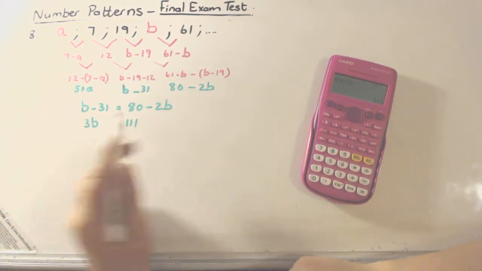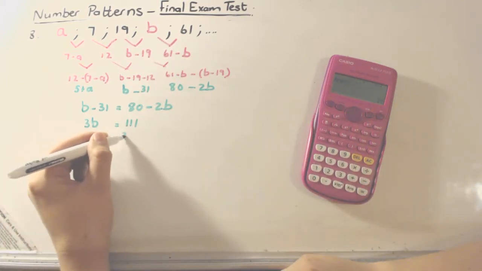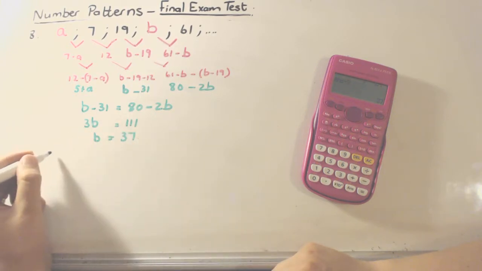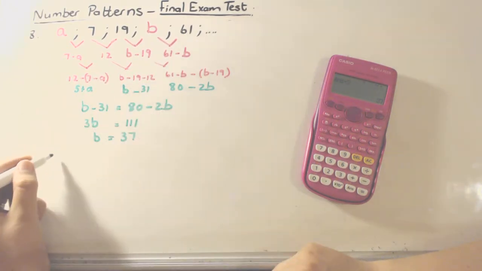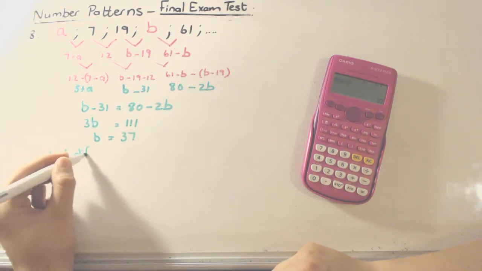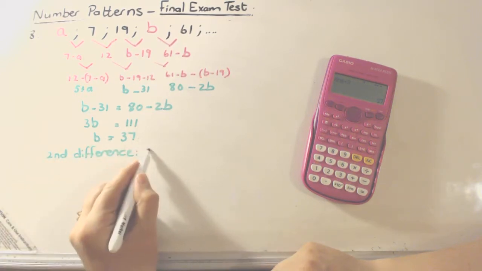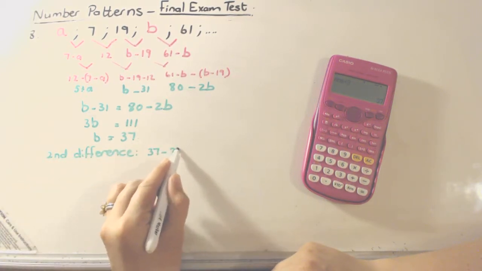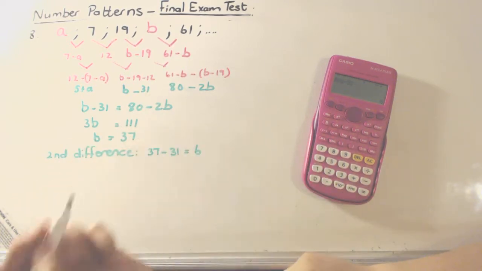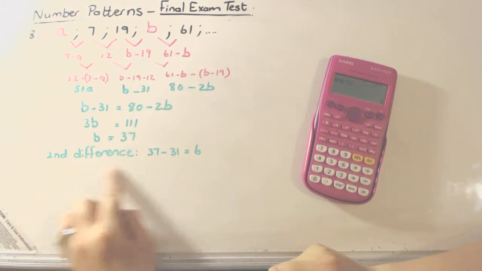Then if I divide this by 3, I get 37. So b is 37. Now if b is 37, then I can substitute it to say my constant second difference in this quadratic pattern should be 37 minus 31, which is 6. So my constant second difference is 6.